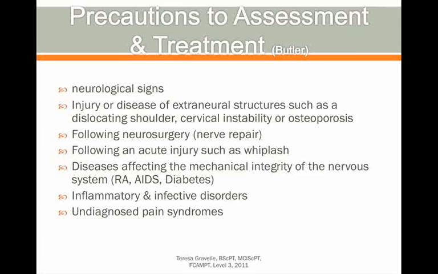This means that you'll have to be very cautious in implementing your tests, and you will usually have to modify the test initially so that you're not going into the full testing position right off the bat.